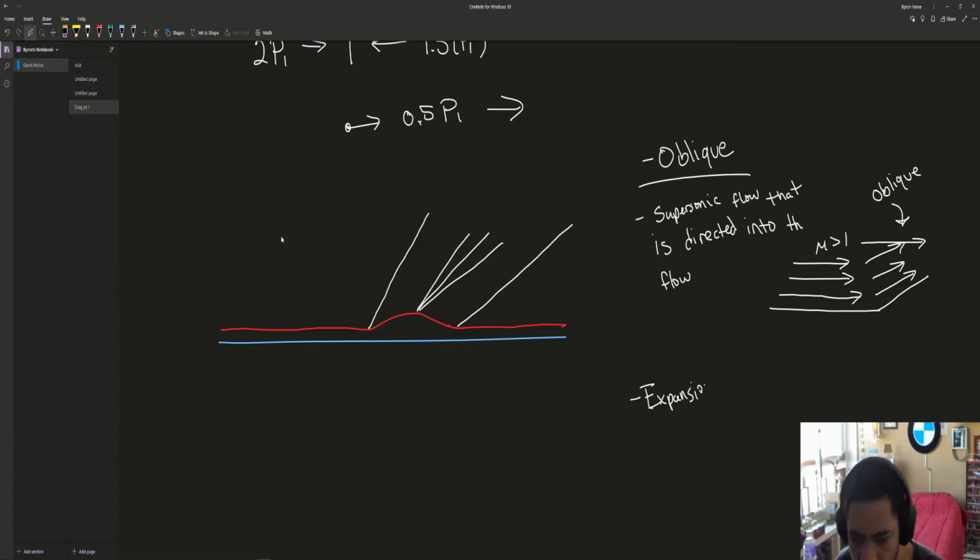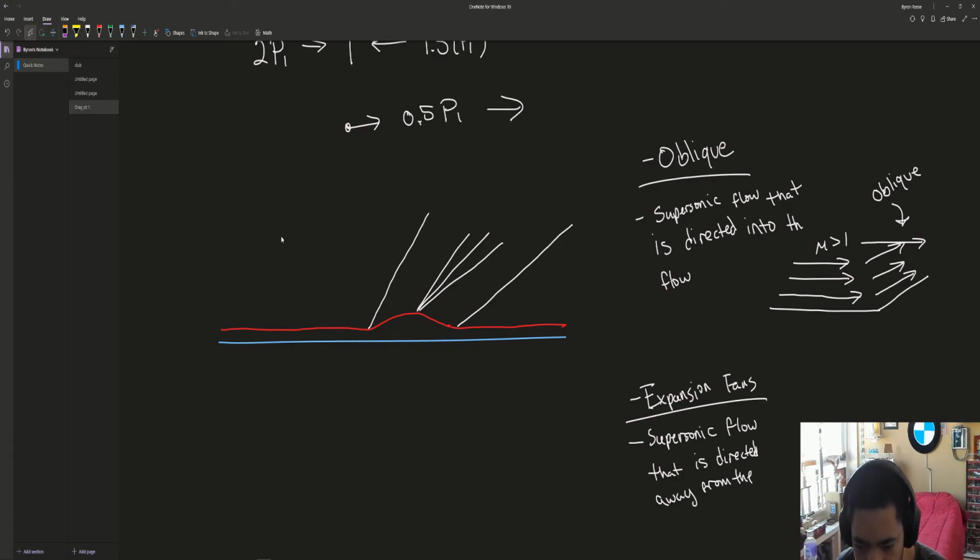Expansion fans are supersonic flow that is directed away from the flow.